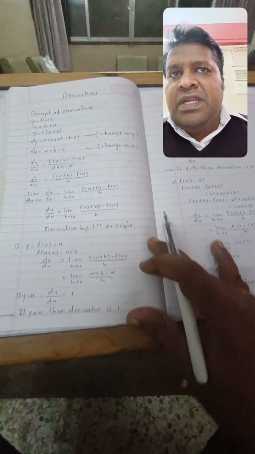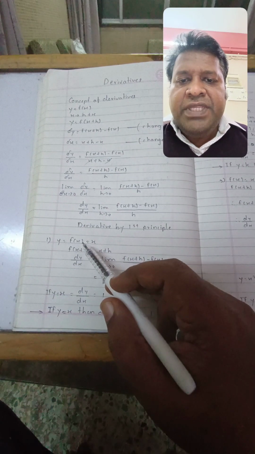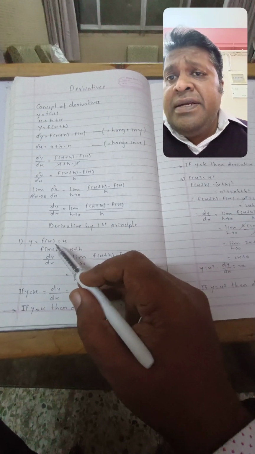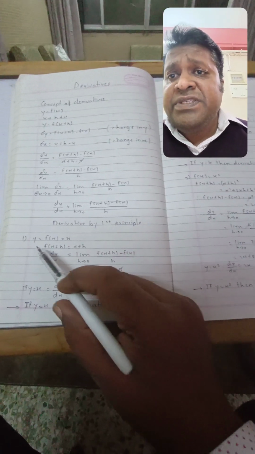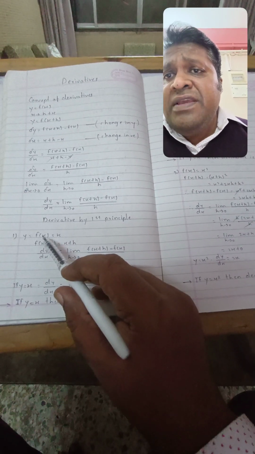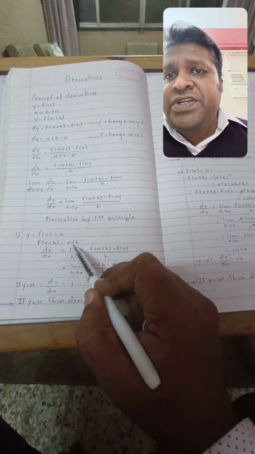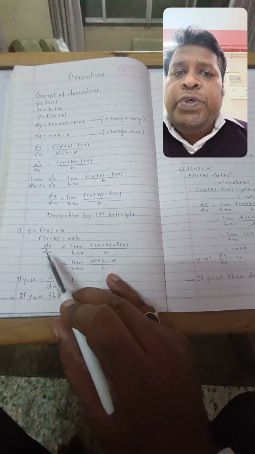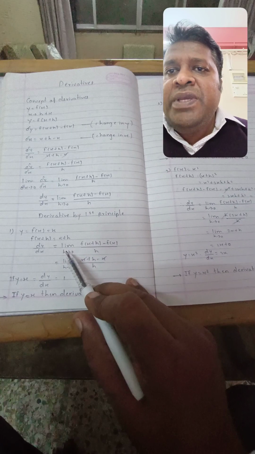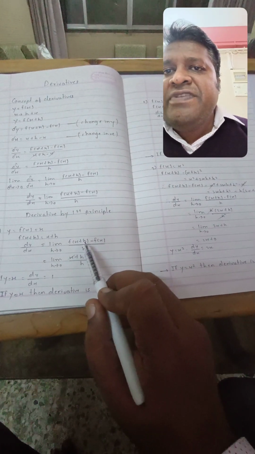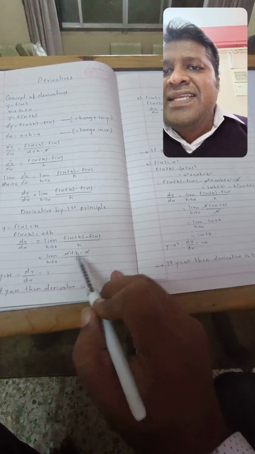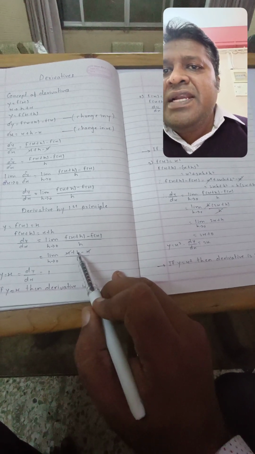Now we will see something about x. What is the derivative of x? How can we derive it by first principle? So y is equal to f of x is equal to x, then naturally if x is replaced by x plus h, it will be x plus h. So if I apply the formula of derivative by first principle, dy by dx will be limit h tends to 0, f of x plus h minus f of x, that is x plus h minus x, x will get cancelled, and then I will get h upon h.